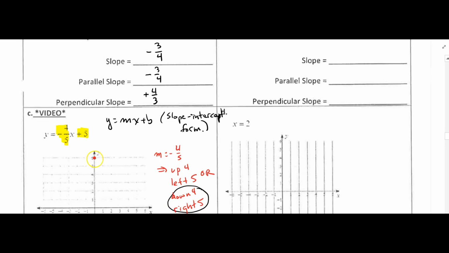So I'm going to go down 1, 2, 3, 4, and then right 1, 2, 3, 4, 5. So there's 1 point there. Now normally I would graph one more point, but we're kind of running out of room. So I'm just going to go with 2 points. I'm going to graph my line that goes through those 2 points.